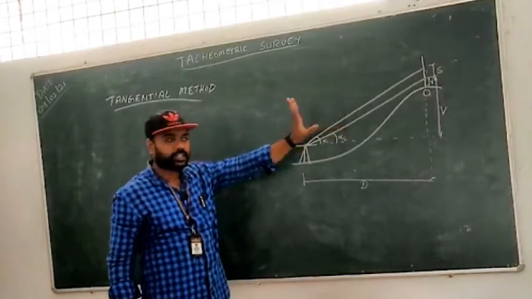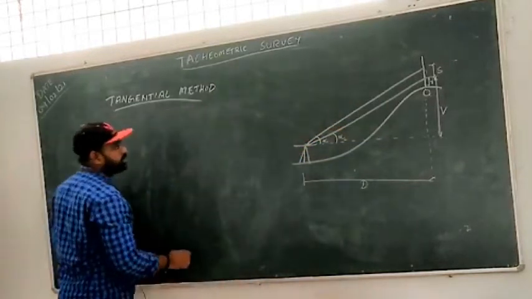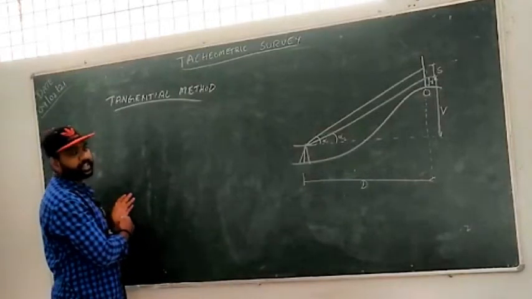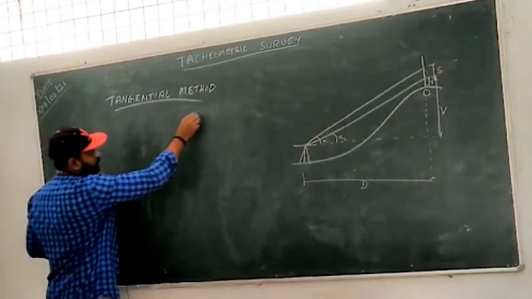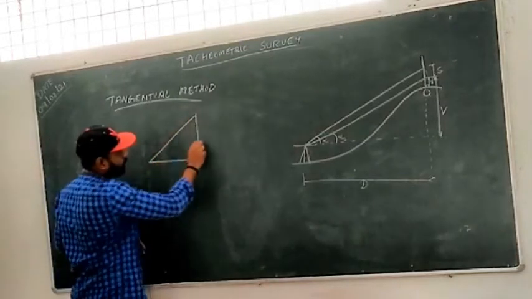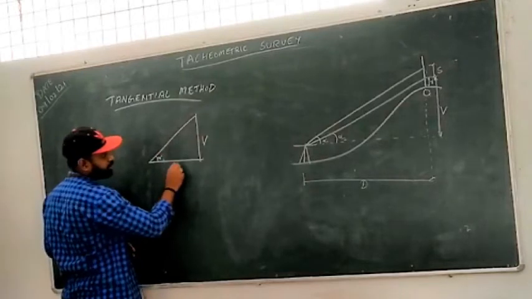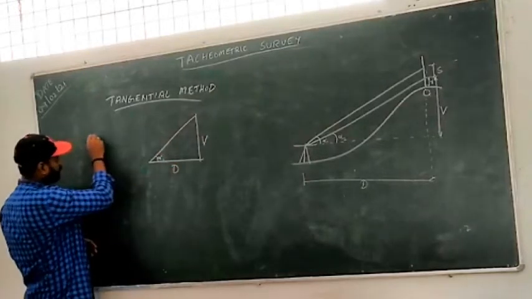No? Simple? Okay. Now for alpha 1, if I want to calculate V, say this is your alpha 1, this is V, and this is your D. What will be the equation?